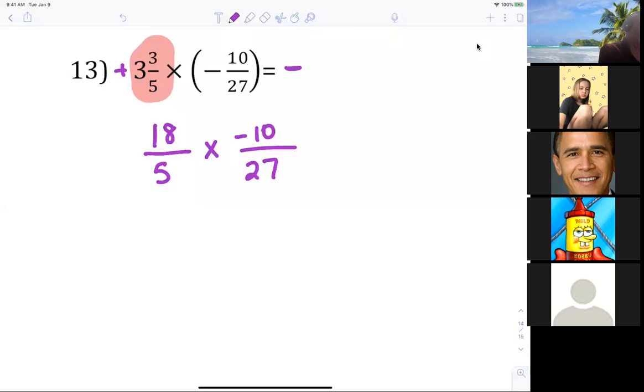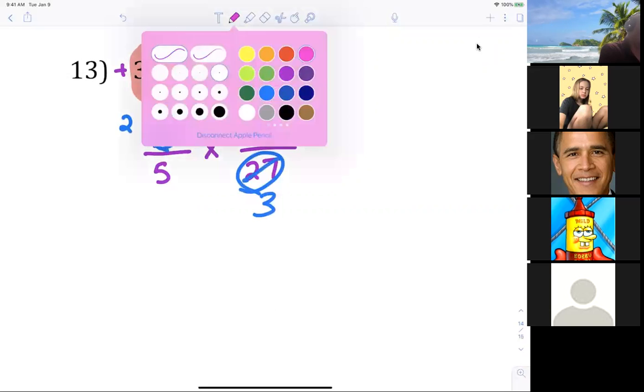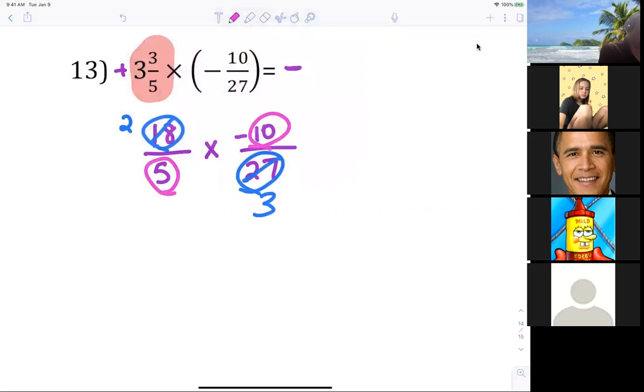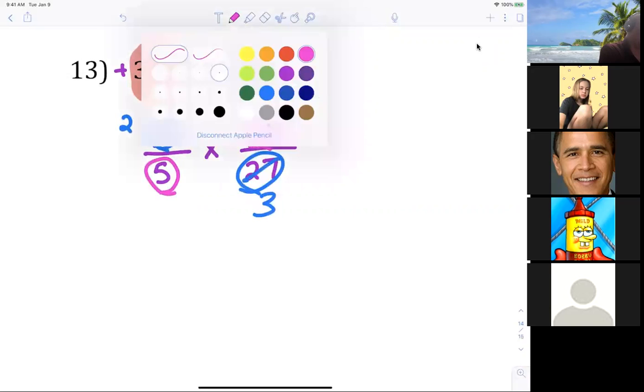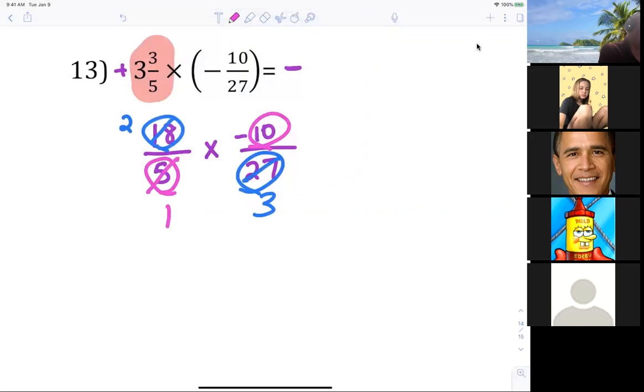Now we're looking to reduce. 18 and 27 can both be divided by 9. So that's a 2, that's a 3. Now we're looking at 5 and 10. That becomes a 1, that becomes a 2.